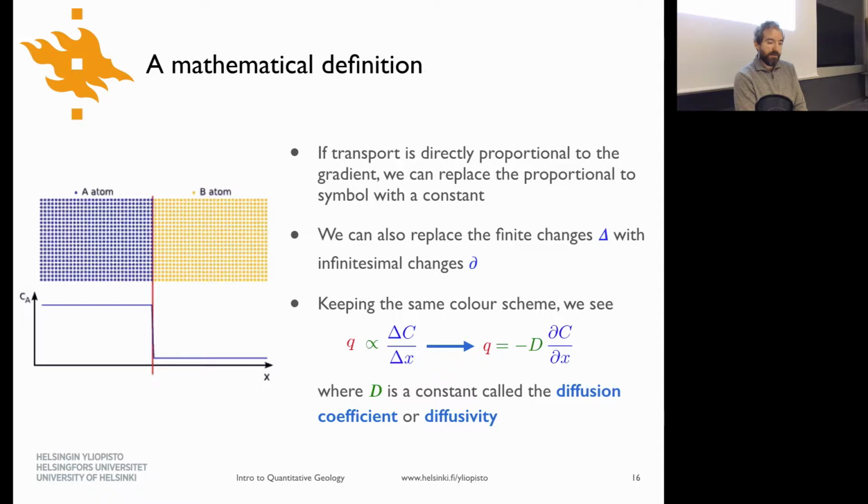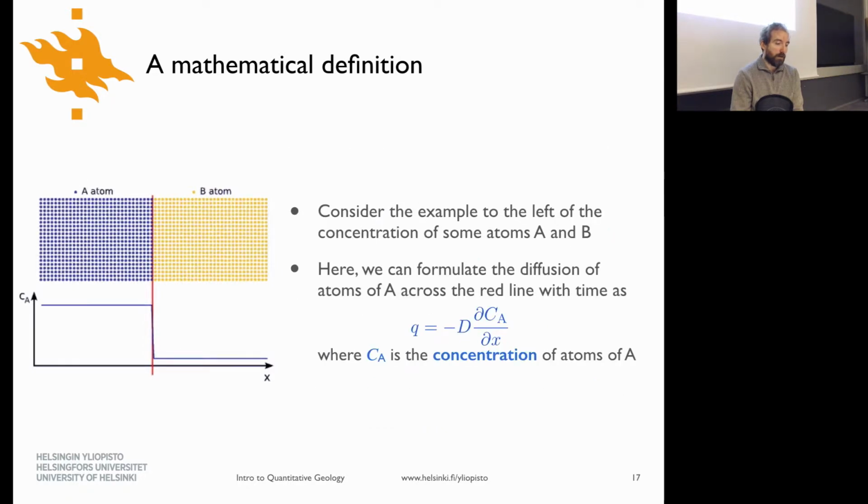It's basically a measure of how quickly the change in concentration will transport mass. So now we have eliminated that proportional to term, and we have an equation for the second part of what we considered in our diffusion example.